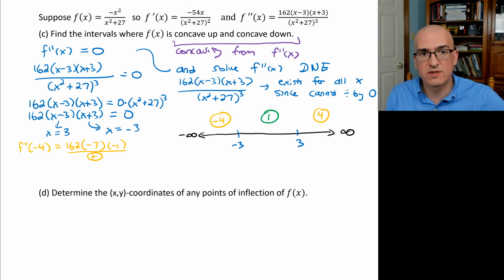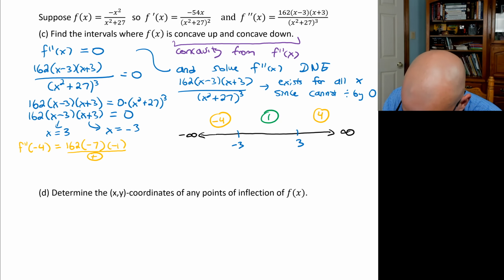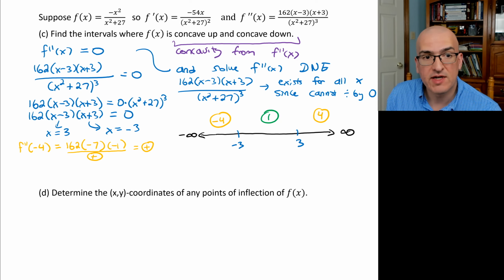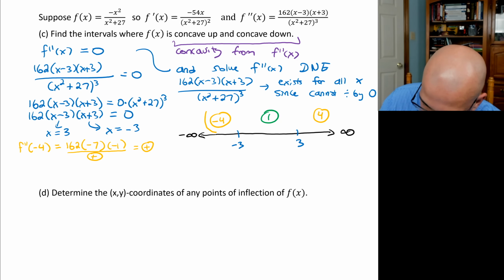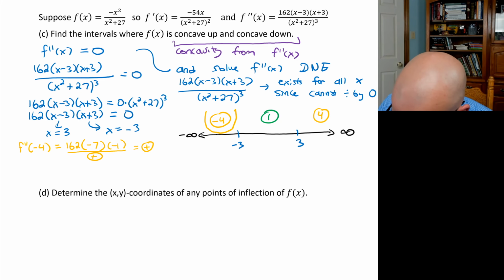Since what's in the denominator can't be negative, doesn't matter what you plug in for x, we get a positive output. That means the function is concave up inside this region. Long interval from -infinity to -3.